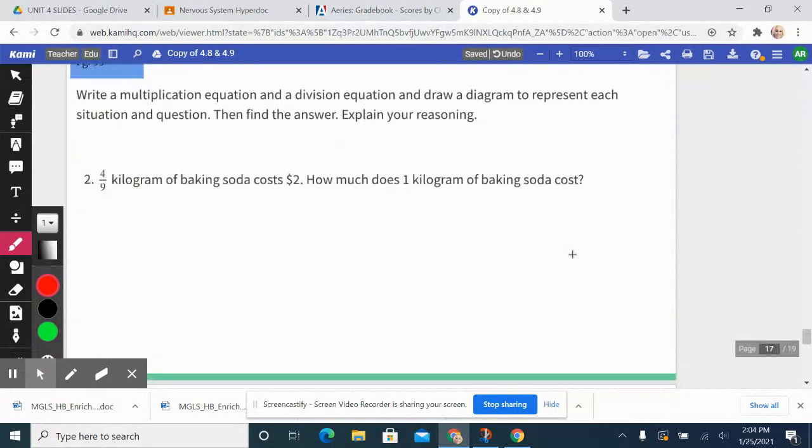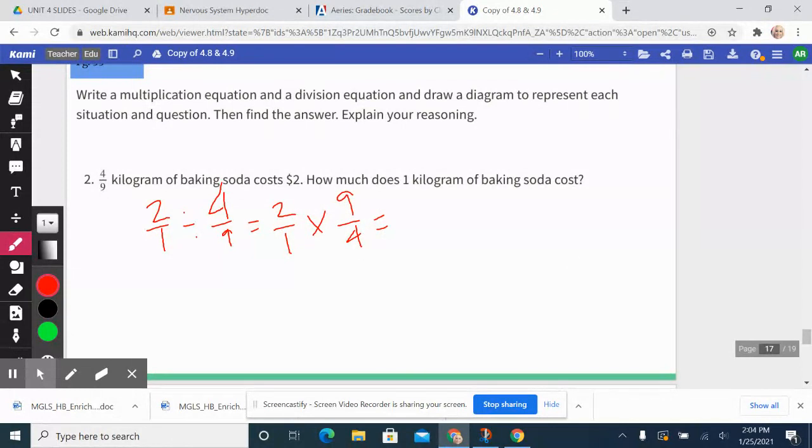All right, so now we do the baking soda. Kilograms of baking soda costs $2 for 4 over 9 kilograms. How much does 1 kilogram of baking soda cost? Okay, so we'll set up the division equation. It's 2 over 1 divided by 4 over 9. So now that's 2 over 1 times, remember you change the sign, and then you flip the second.